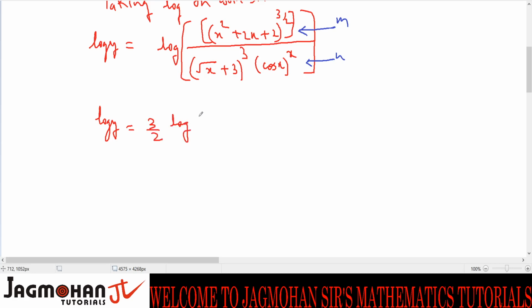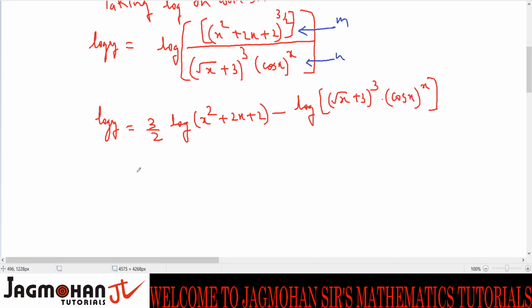I'm taking one step faster. 3 by 2 log of x square plus 2x plus 2 minus, then I have in the denominator log of root of x plus 3 cube into cos x raised to x.